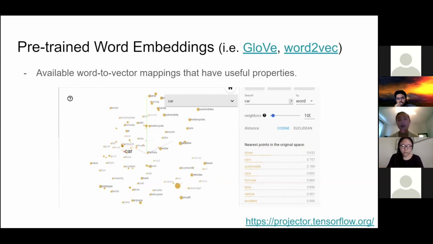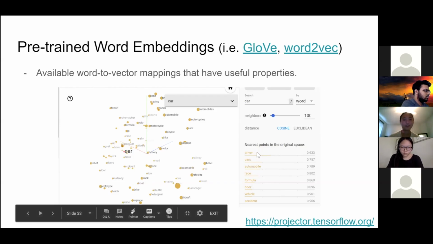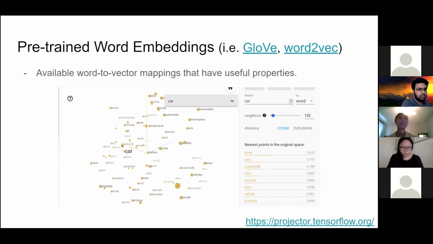You'll see that these happen to be other words that are somewhat related to car. You have driver, cars, automobile, race, etc. This is very nice. This is much nicer than if you tried to come up with a random mapping from words to vectors.